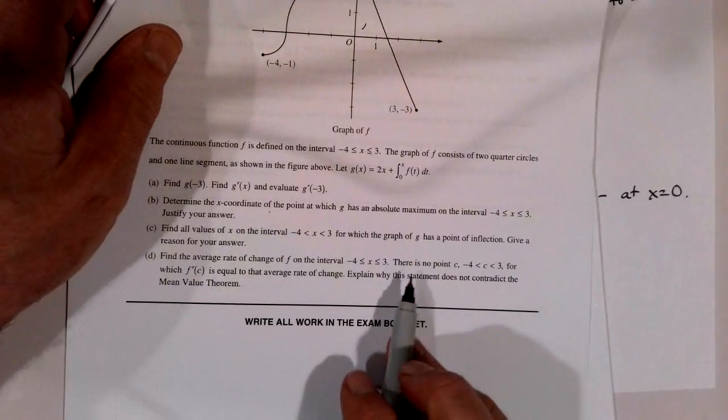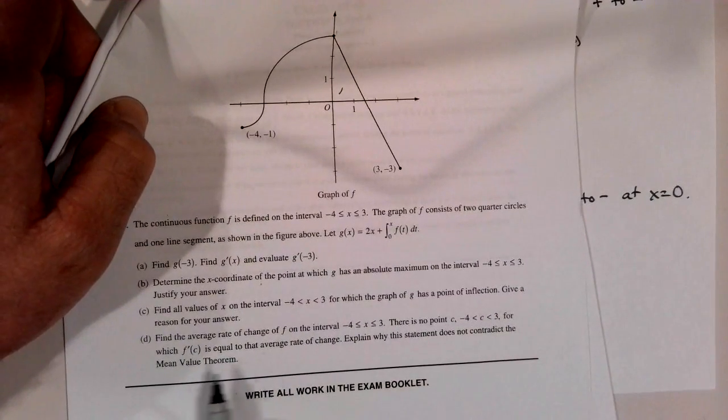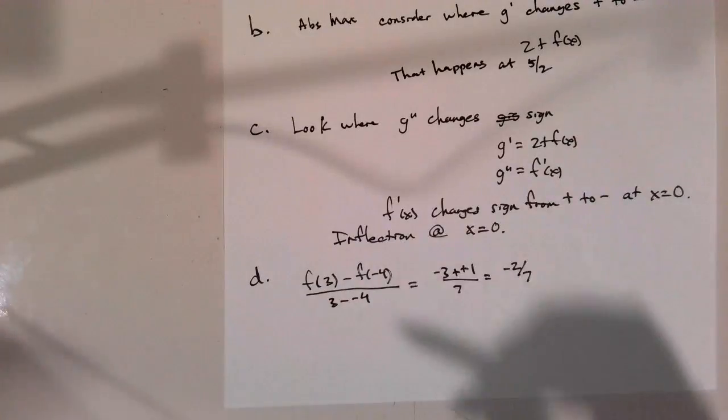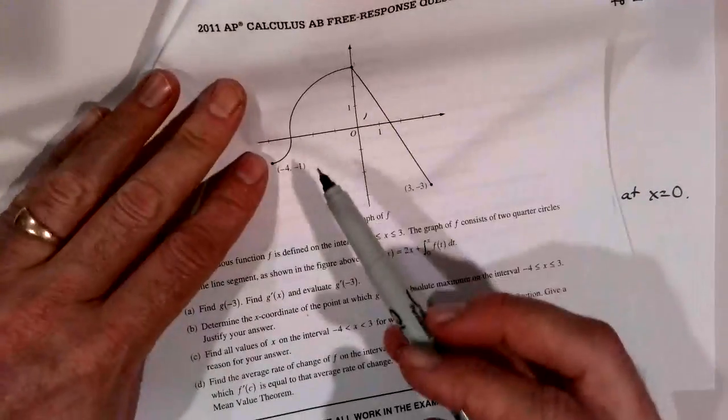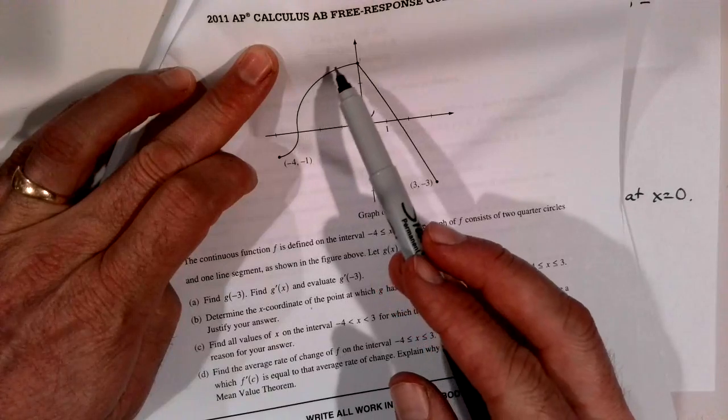Now it says that there's no point c on there for which the derivative is equal to the average rate of change. So if you look here on our graph, do we ever have a slope of -2 over 7? Here it's positive, so we don't have a slope of -2 over 7.